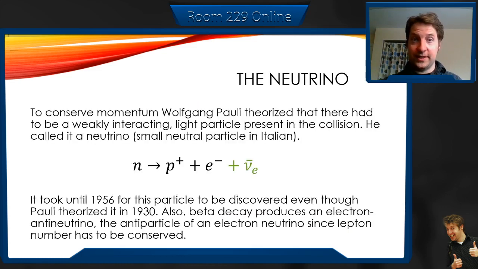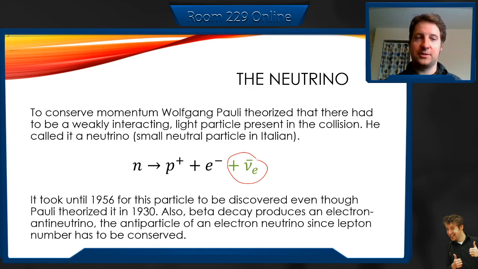And to conserve this momentum, Wolfgang Pauli, the same guy from the Pauli exclusion principle, came along and theorized that there has to be a third thing showing up here. The third guy showing up is a weakly interacting light particle that has to be present in the collision. He called it a neutrino, which is Italian for small neutral particle.